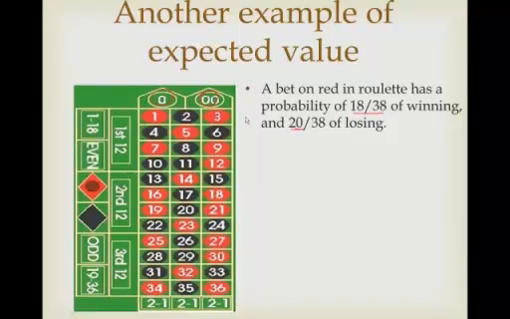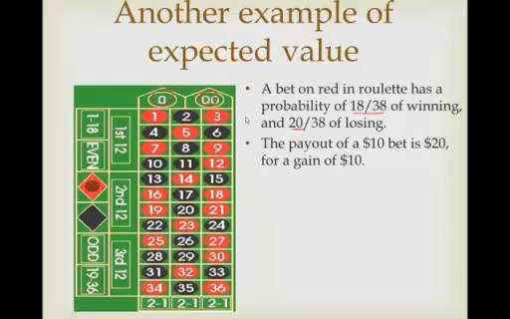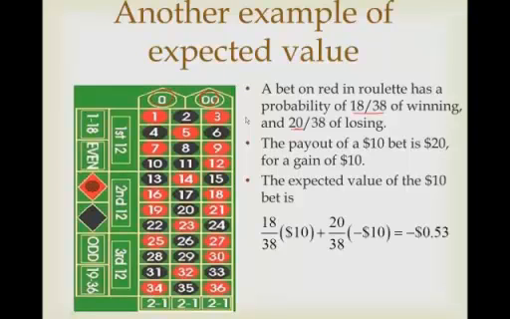So the payoff for a $10 bet is $20, and that gives you a gain of $10. And the expected value for the $10 bet is just going to be, well, you can calculate the probability of each one happening, of winning or of losing, and that's minus 53 cents.